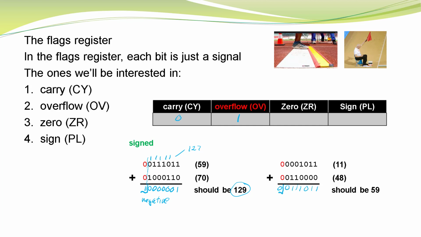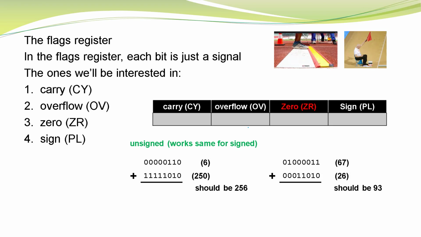Now see, these do get added together, just like these did over here with that carry coming out. My signed values, both of them were positive. When I added them together, my result was positive. So what happened to the overflow flag? It got set to 0.